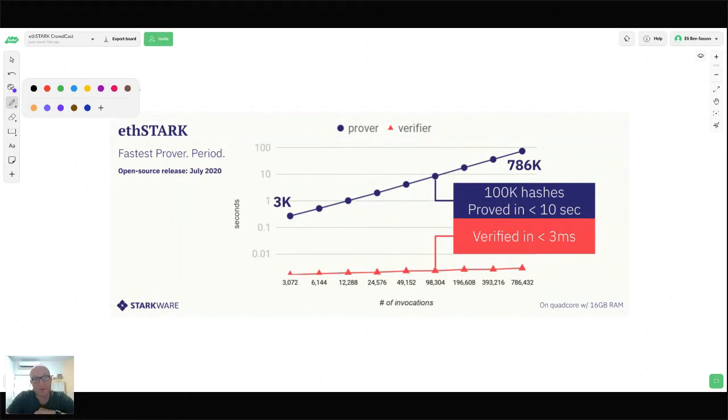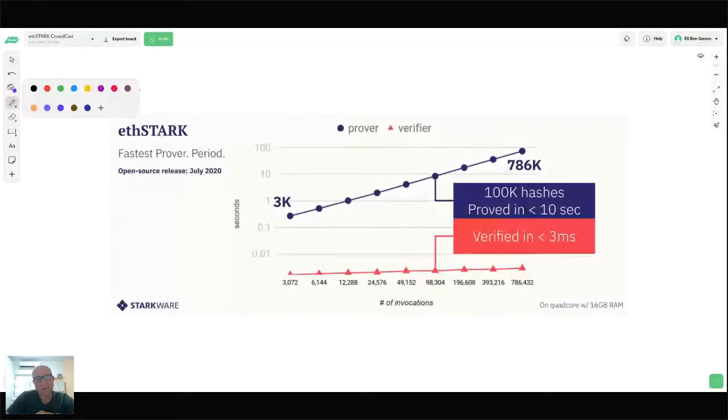And here you can see some measurements on a standard quad-core computer with 16 gigabytes of RAM. For 100,000 hashes, the proving time is under 10 seconds, and the verification time is roughly 2.3 milliseconds. The proof length there is around, I believe, 40 or 60 kilobytes. I forgot. So it's a very, very efficient proof system.